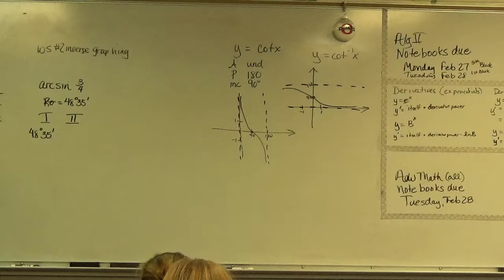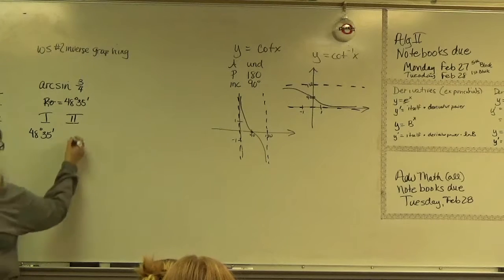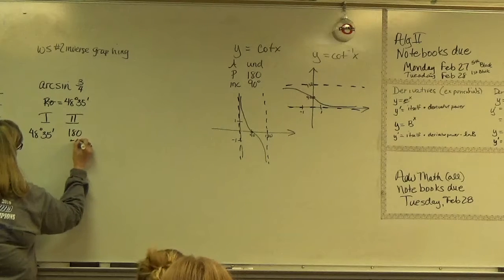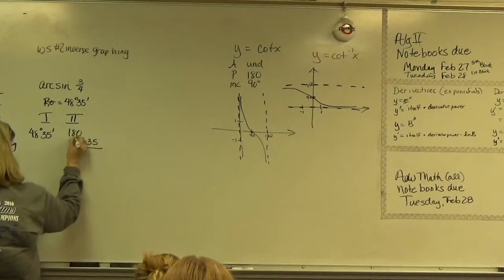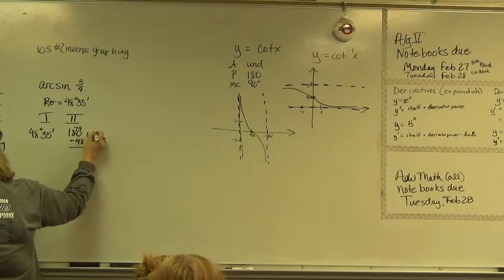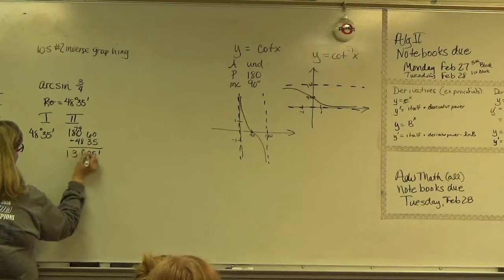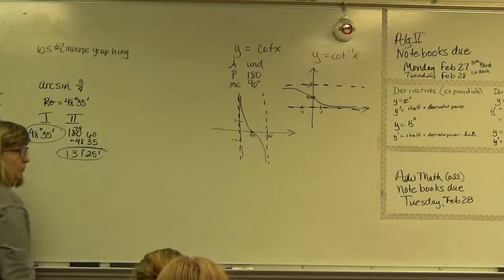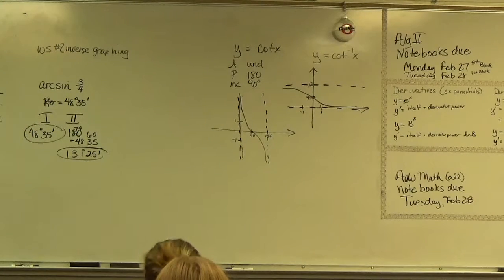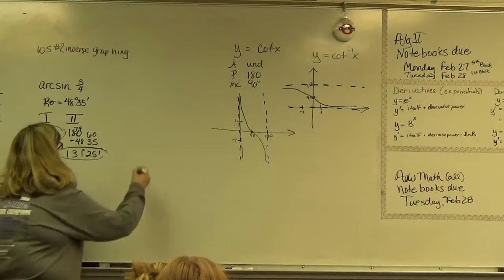Subtract 180, because you want it to be in the second. If I want it to be in the third, you add 180. So it's going to be 180 minus 48, 35. So I borrow a degree, which is 60 minutes. 131.25.